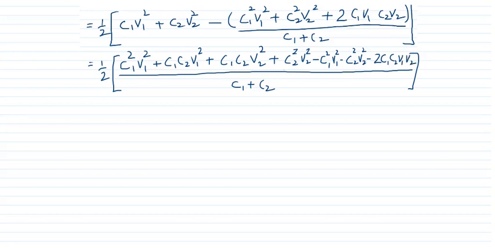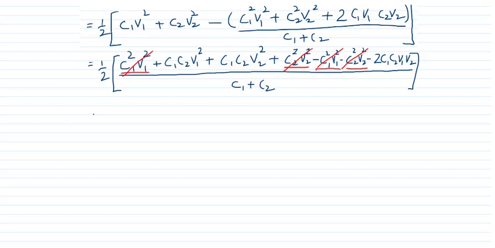Now something is getting cancelled. C2 square V2 square, C2 square V2 square, these will be cancelled out. C1 square V1 square, C1 square V1 square, these will be cancelled out. Clear?